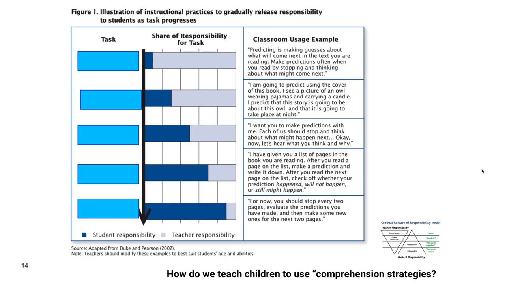And this is just a summary of the gradual release. And this can be used to teach anything. You can teach vocabulary, you could teach figurative language, you could teach comprehension strategies. And this is through the teacher taking the bulk of the responsibility to start with, and then gradually offering children more and more opportunities to try it with less and less support until eventually children are trying it mostly on their own.